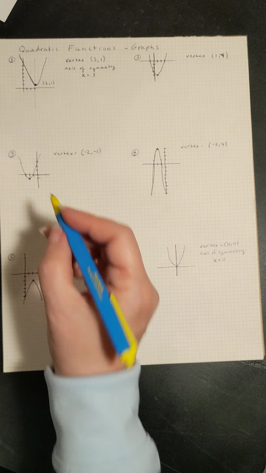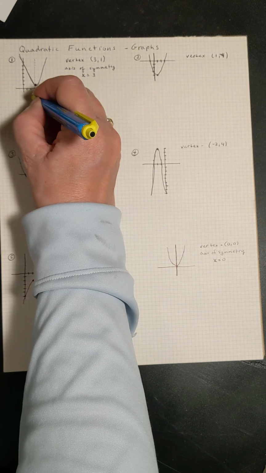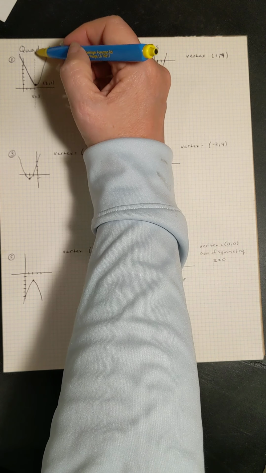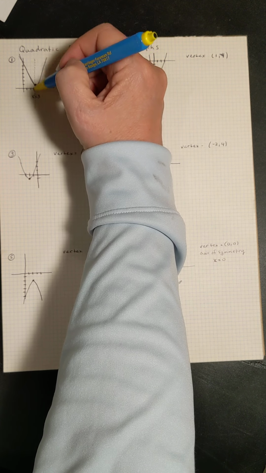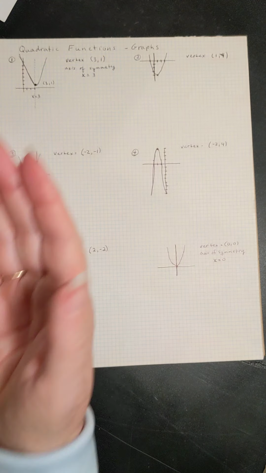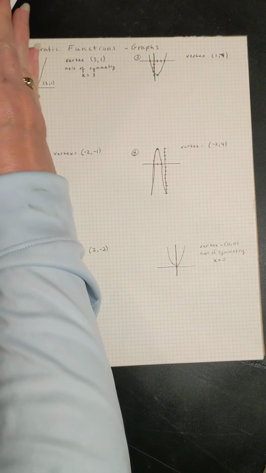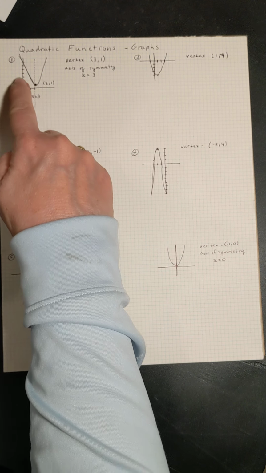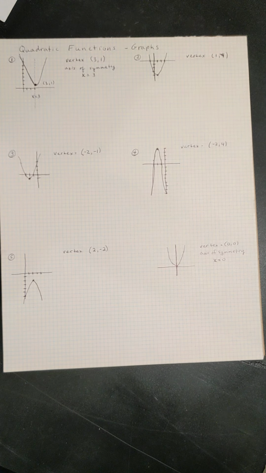So my axis of symmetry here is x is equal to 3, because all of my x values on this line would be 3. And again, notice how you have that symmetry, how this part of the graph and this part of the graph look like mirror images.